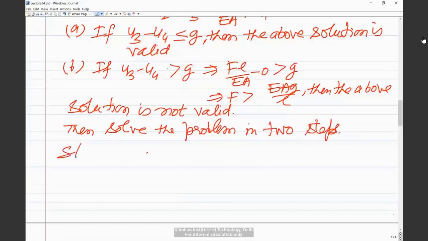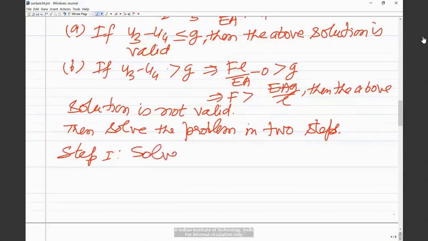Step 1: we solve the same set of equations as we have written.